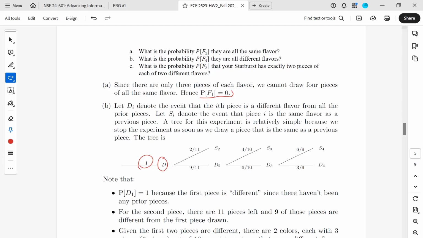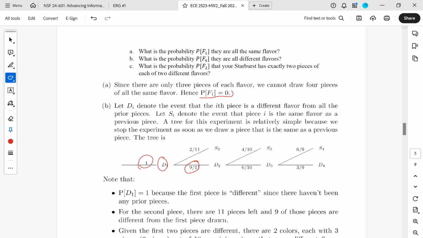Each flavor has three candy, and we have three flavors. So we still have 9 elements in our basket of 11 candy that could be our desired target. So the chance of picking a different flavor in our second draw is 9 candy out of the 11 remaining candy. Make sense?